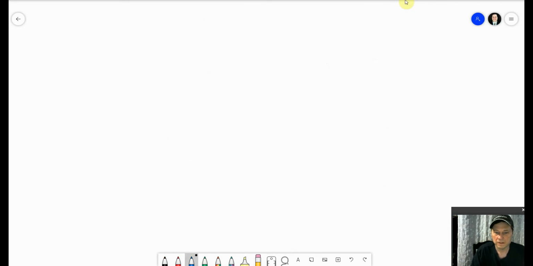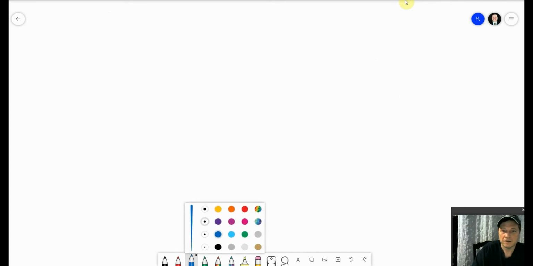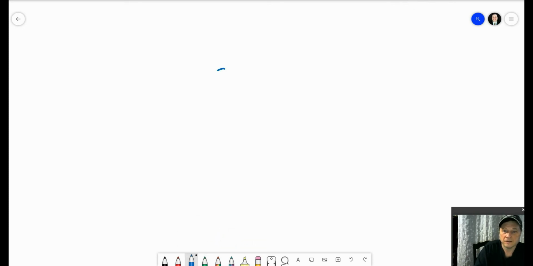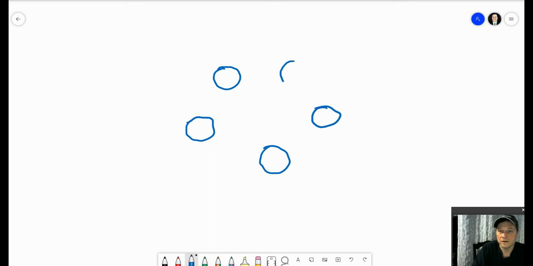Let's imagine you're in the shop, and we know that Rob, he's got zero mercy. So we've got 1, 2, 3, 4, 5, and you just have to believe me when I say that these circles are equally spaced.